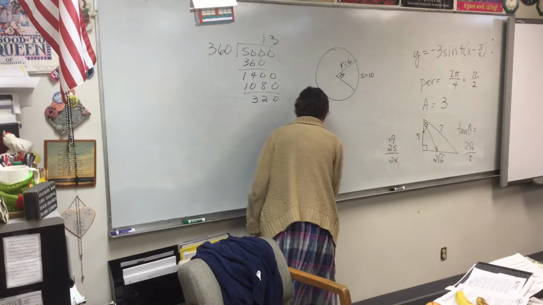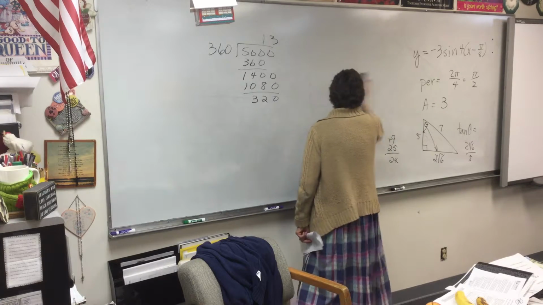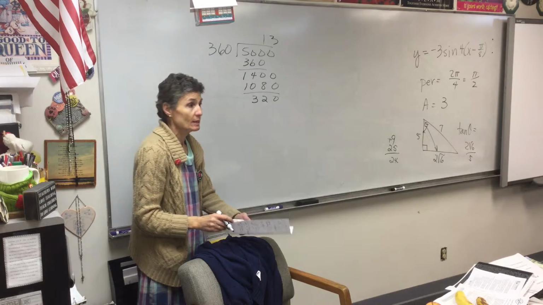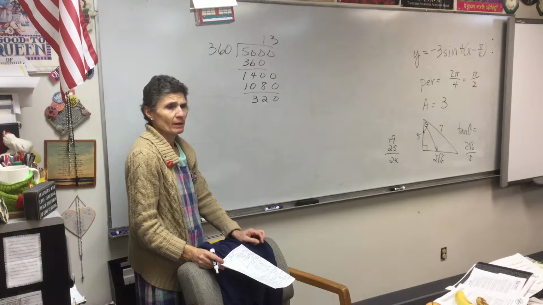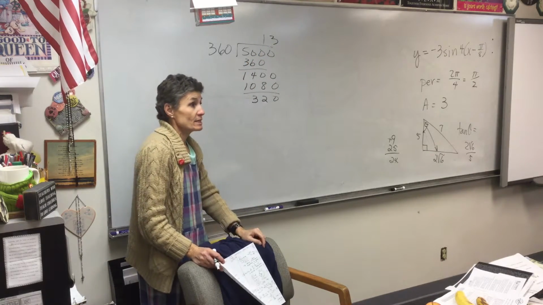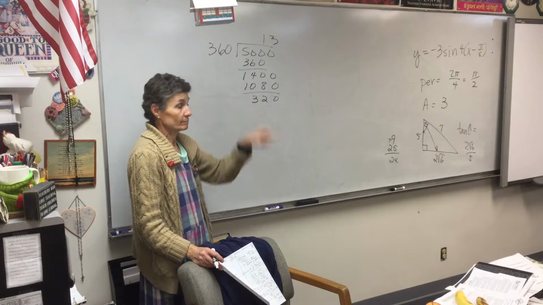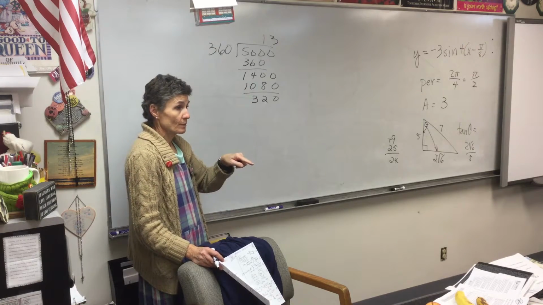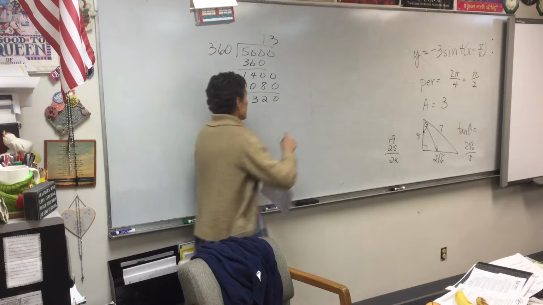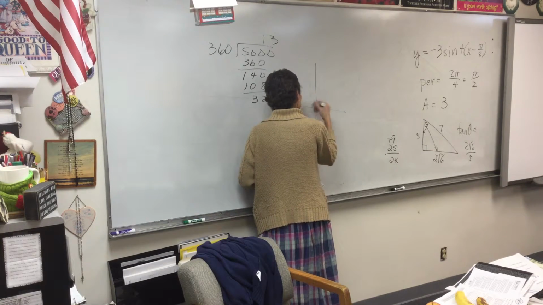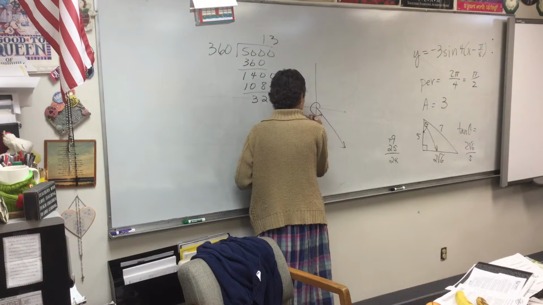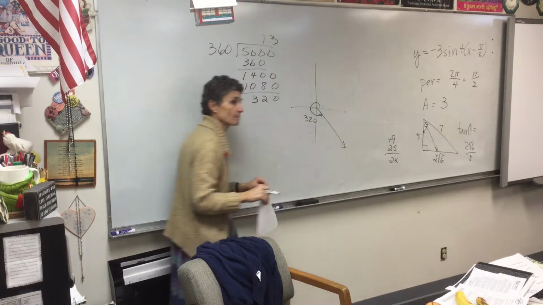What does this tell me about 5,000 degrees? It goes around 13 whole times, and then it goes an extra 320. So if you drew it, you'd spin around, spin around, spin around, but then ultimately you'd have this extra 320 degrees.